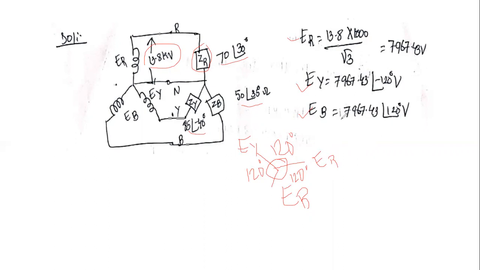Similarly, we calculate EB. EB is equal to ER at an angle of 120 degrees, so the phase displacement between R and B is 120 degrees.